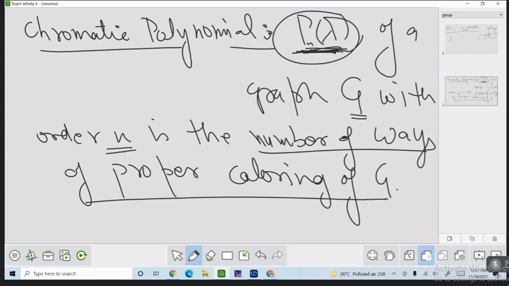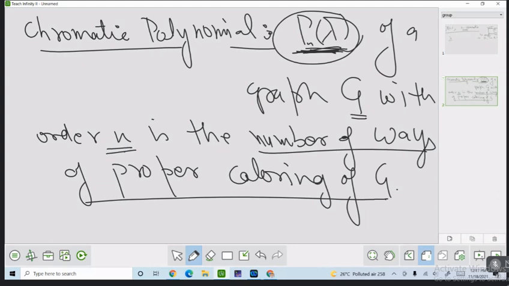Now there is no exact method to find a chromatic polynomial, just as we don't know how to find the chromatic number of any graph. We have no proper methods, but for particular graphs we can find the chromatic numbers.